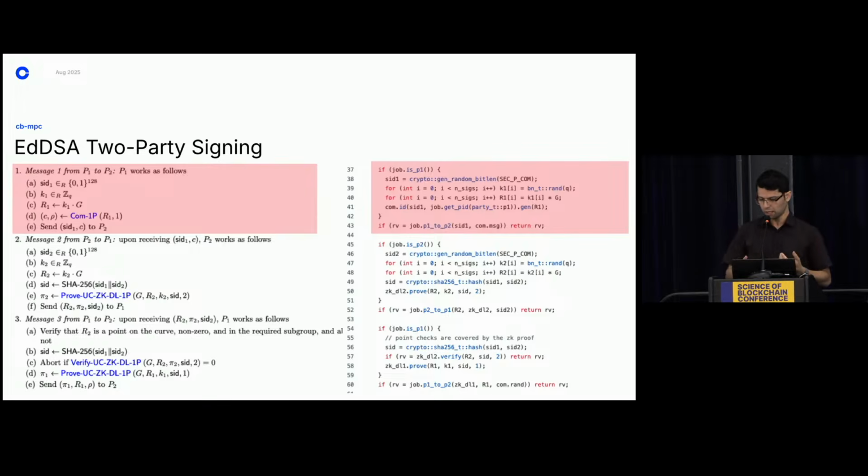For example, in the first line, we are saying that if role is P1, do this. So even if you don't know anything about the specification, you can guess that this is what party 1 is supposed to do. Or for example, in line 40, to multiply a scalar with a point, we have just overloaded the multiplication operator, so it is very easy to trace that.